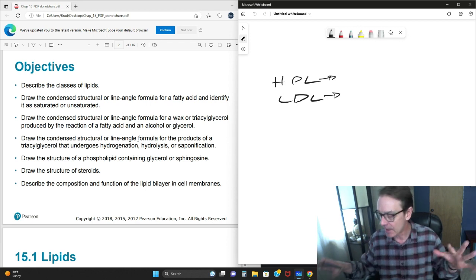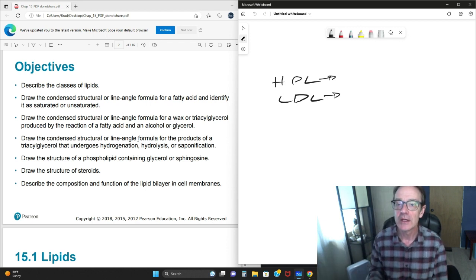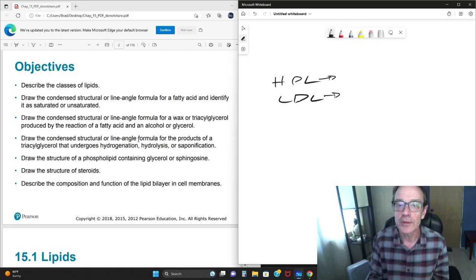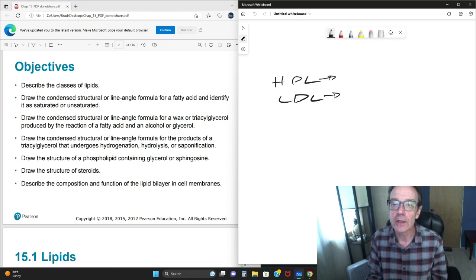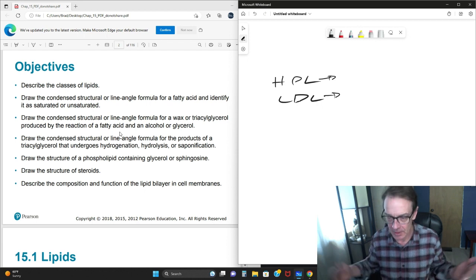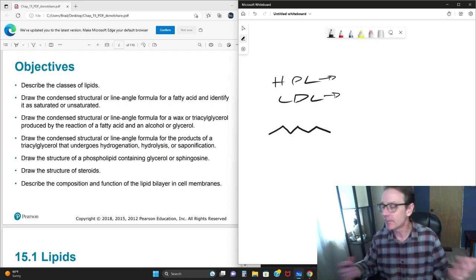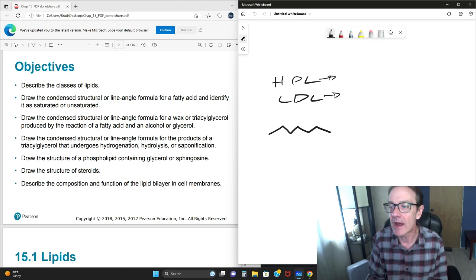As always, I'll start you with a bunch of terminology that's going to sound kind of foreign at first, but you'll get more and more familiar with it. We'll look at condensed structural and mostly line angle drawings, the little zigzag things indicating carbons, because there are so many carbons in the carbon chain in lipids. It's way faster to use line angle drawings.